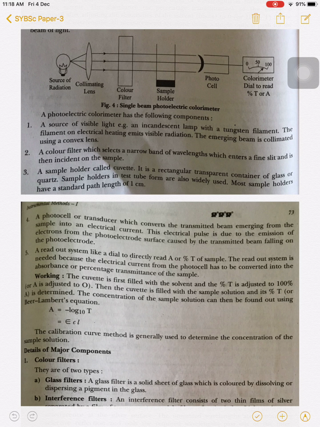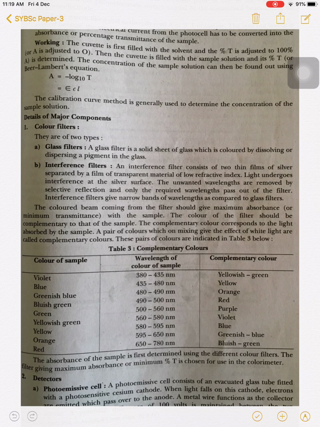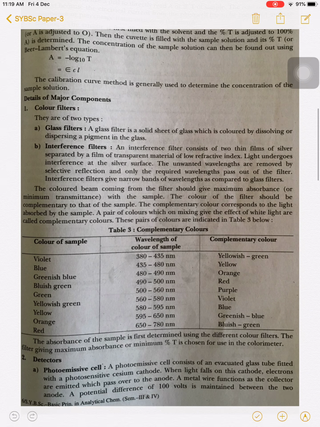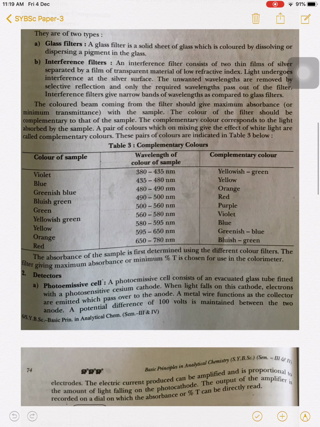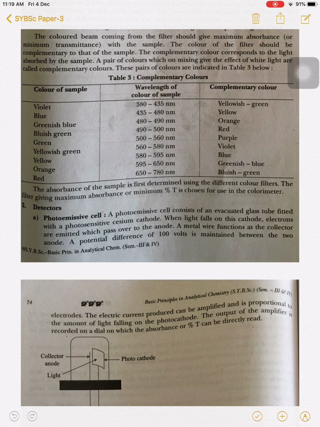We have just seen the source of radiation, the components of this instrument, how the light is transmitted through the solvent, and why the light is absorbed by the sample solution. These are the details of these components; you have to go through this. I have just explained it, but for more reference you should go through this point.